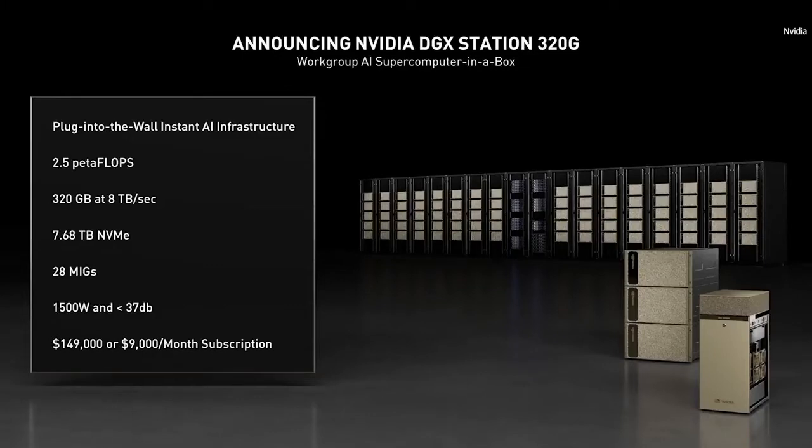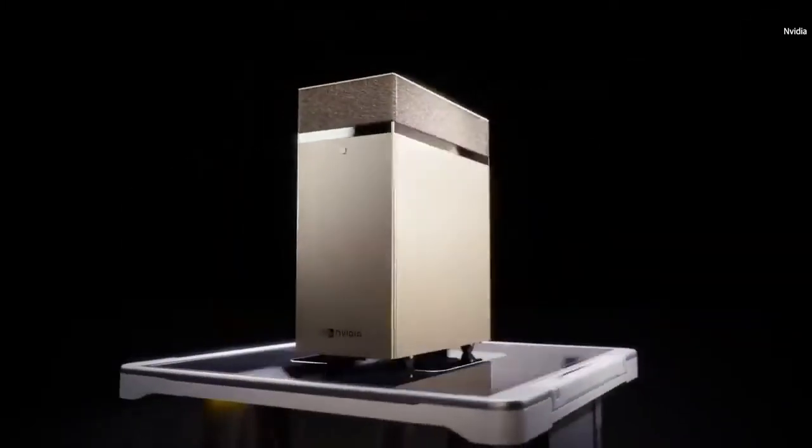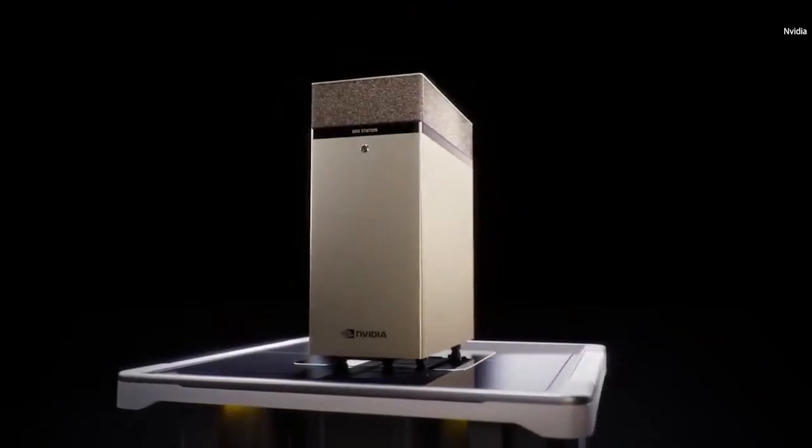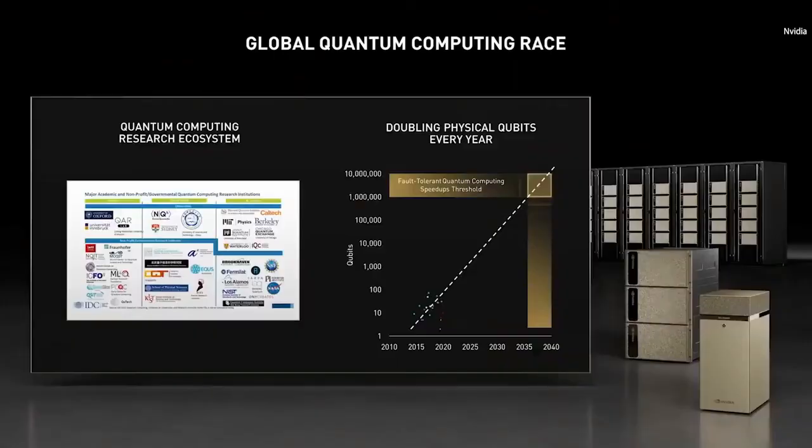It would take 40 CPU servers to achieve this memory bandwidth. A CPU cluster of this performance would cost about $1 million today. DGX Station is $149,000.